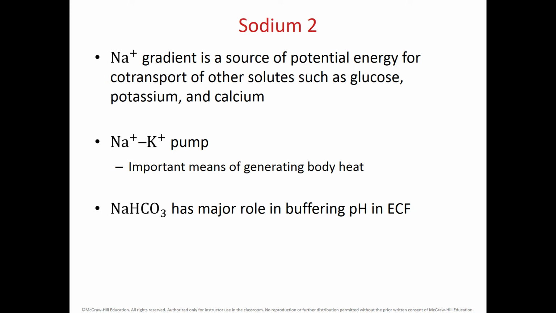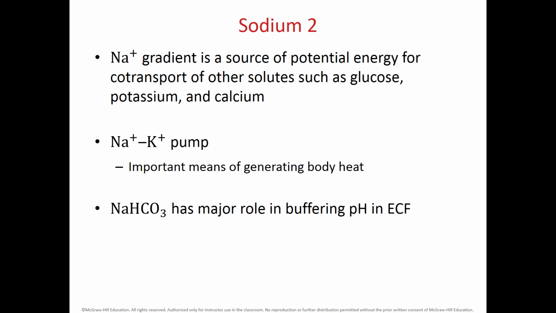So you can maintain this ratio of high potassium within the inside of the cells and high amounts of sodium outside of the cells. And when you're doing this, you are activating the metabolism of cells, which also is responsible for generating body heat.